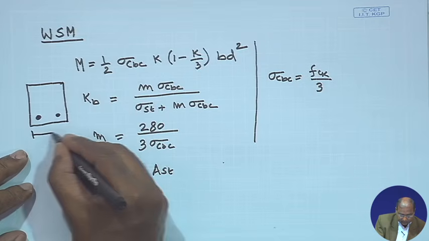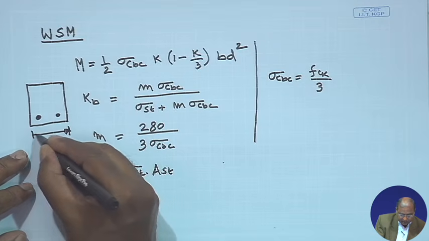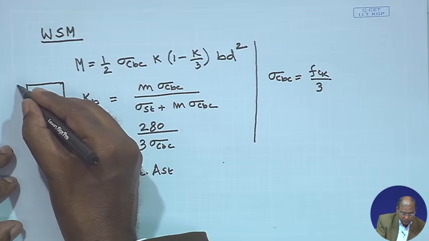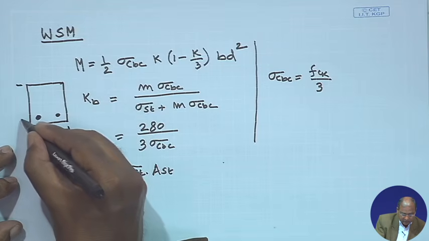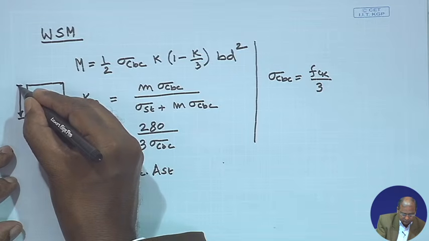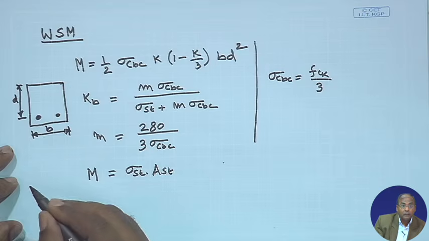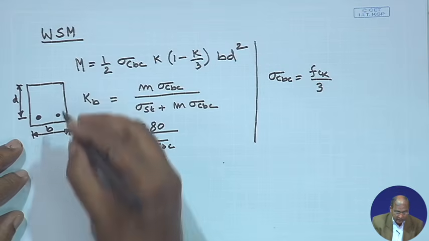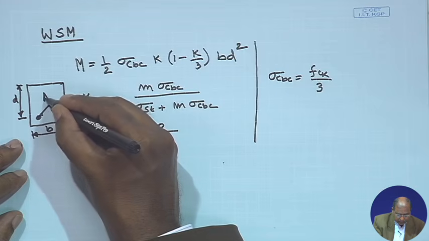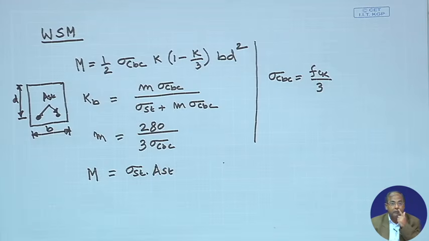We can say this is your B, this is your D, so B and D, and this one AST. So, we are getting this particular one here. Let us keep this here.